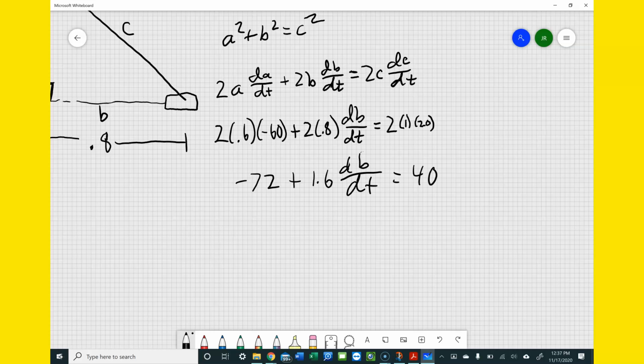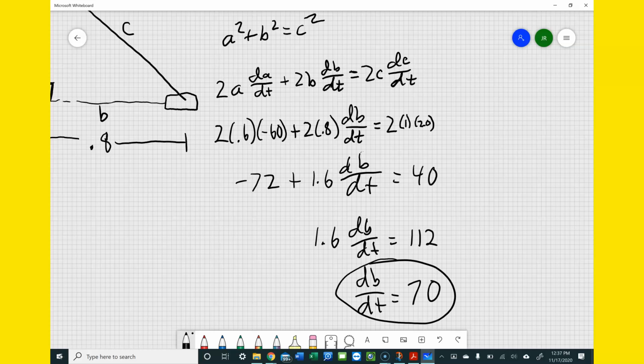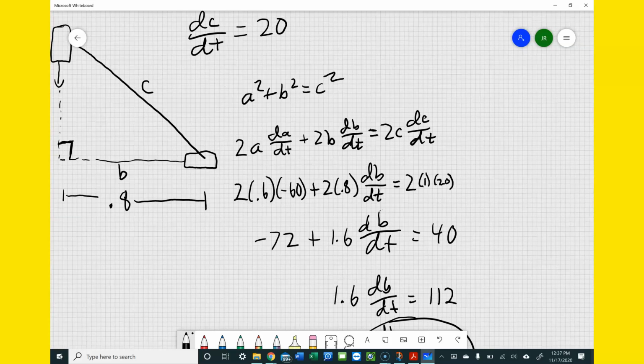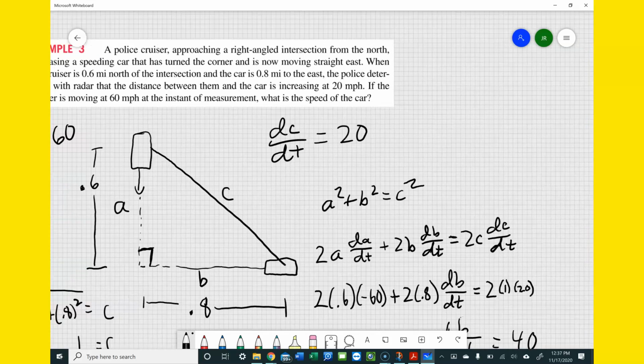Add 72 to both sides. That's 112. Divide by 1.6. And I get 70. So it looks like that car's speed at that moment is 70 miles per hour.